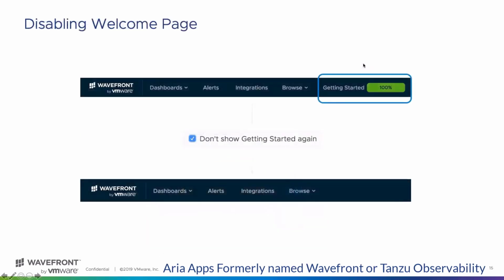Not that it hurts anything, but I have noticed with a lot of users, they'll have this getting started 100% thing, and it's just taking up space in their top menu forever. Doesn't hurt anything, but if you want to get rid of it, just click into it, and you can check the box, don't show getting started again, and you're good to go from there.